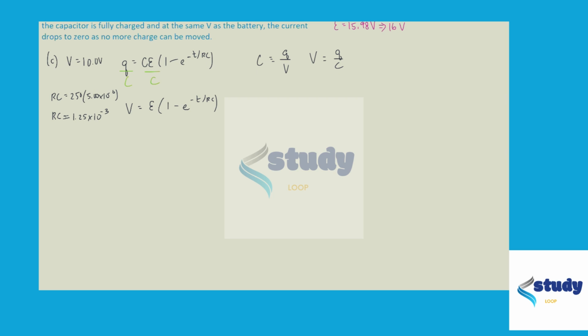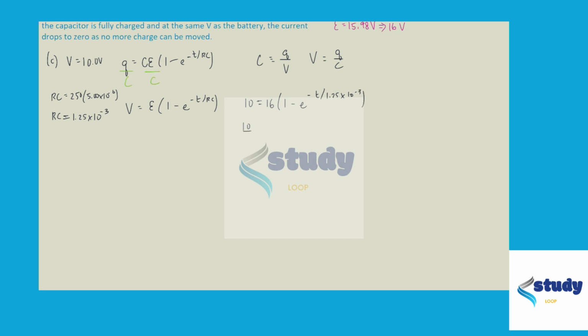So from here, we can now say 10 volts across the capacitor equals 16 volts of EMF on the battery times the quantity 1 minus e to the minus t over 1.25 times 10 to the minus third.